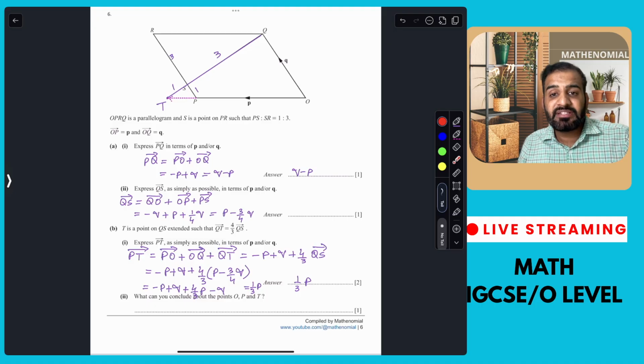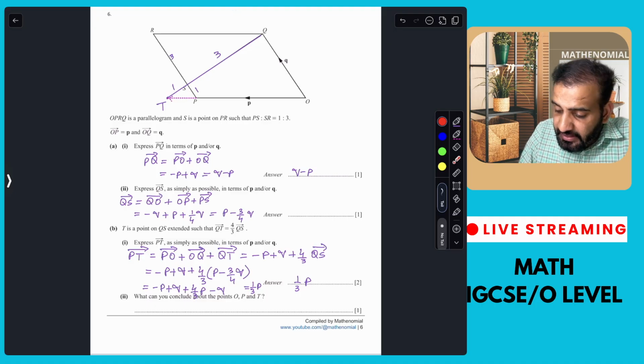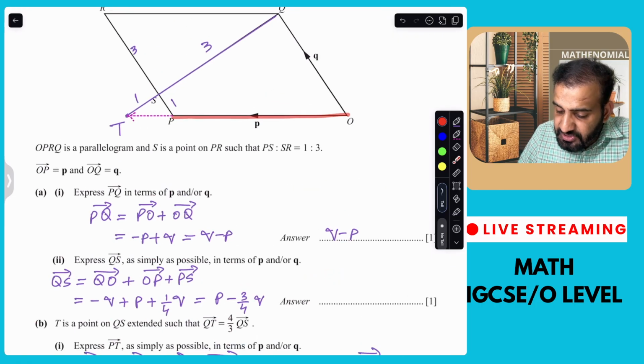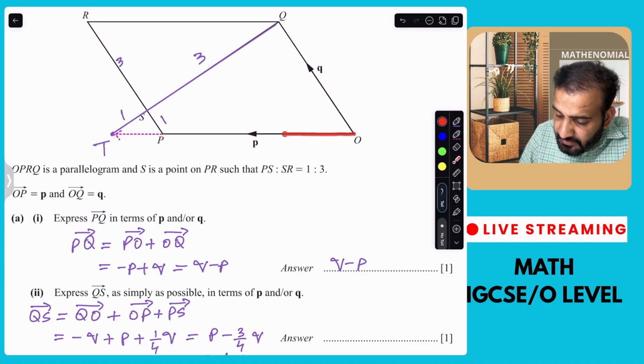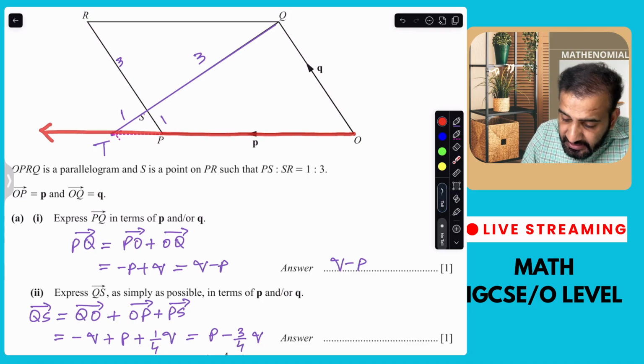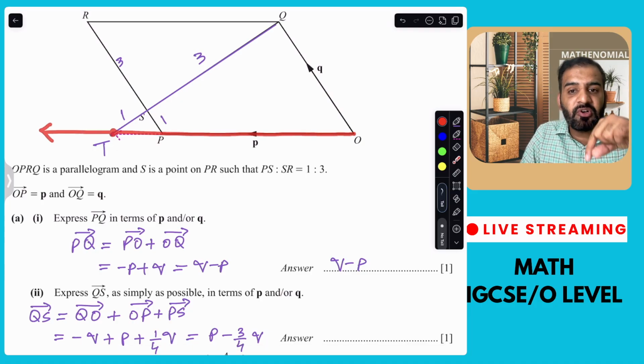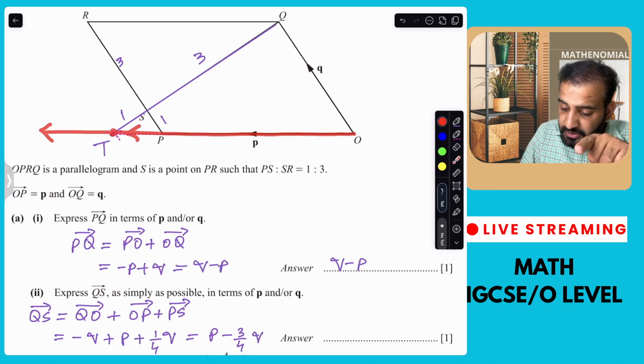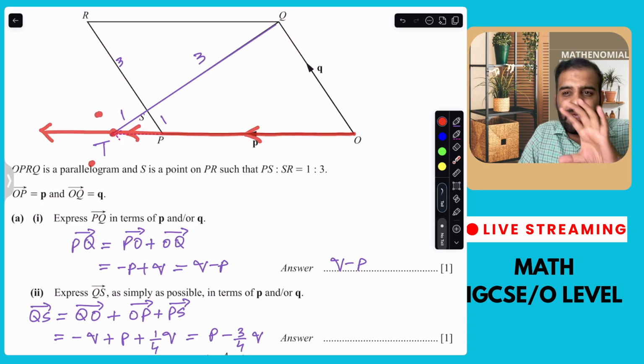So it means T lies on the line OP extended. If I extend OP, then T will be on this point, just because PT is parallel to this P. T will be neither here nor here. It will lie on the same line.